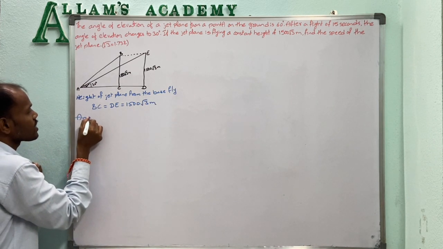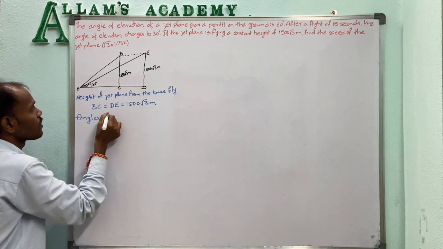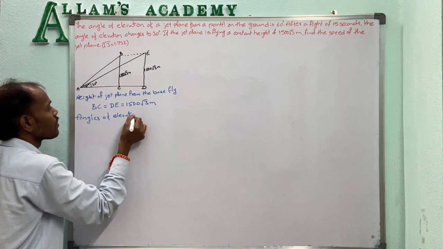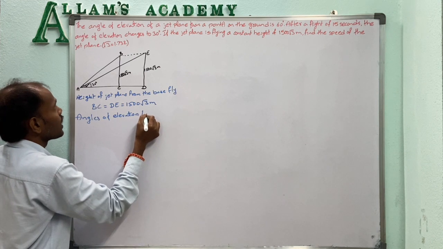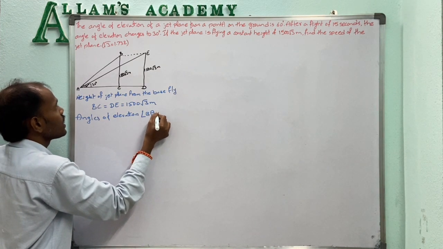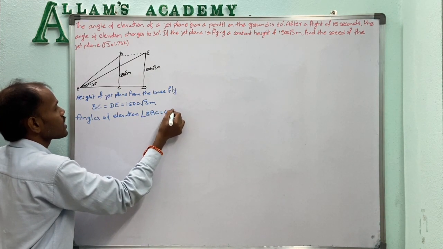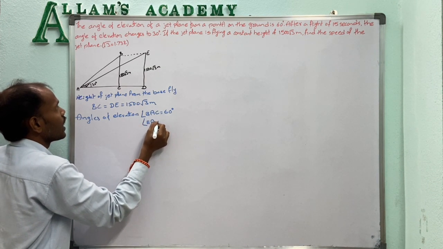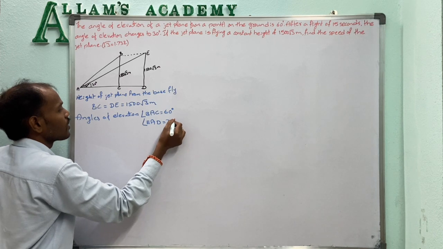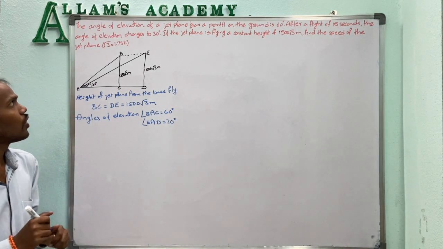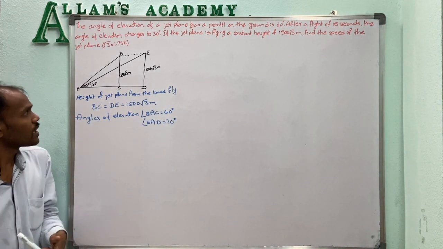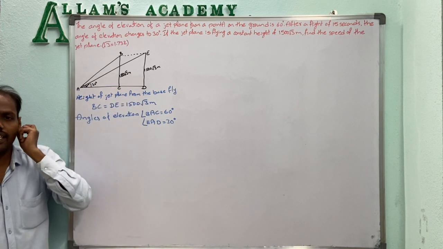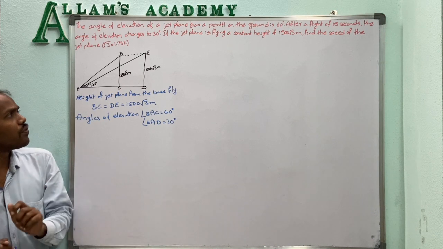Next, the angles of elevation: angle BAC equals 60 degrees, angle EAD equals 30 degrees. Okay, now here we want to find the lengths AC and CD.